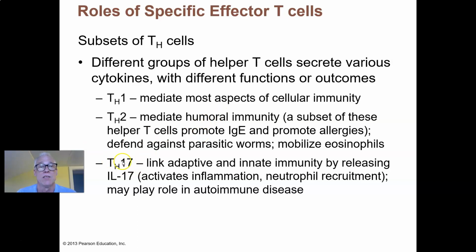Some activate the secretion of IL-17, as we saw. So they're just named for the type of cytokine they produce and the type of response they get from other cells of the immune system. We're not going to worry too much about that. We will mention something about immunoglobulin E later on, but not to worry about that right now.